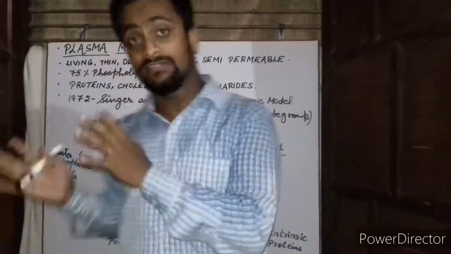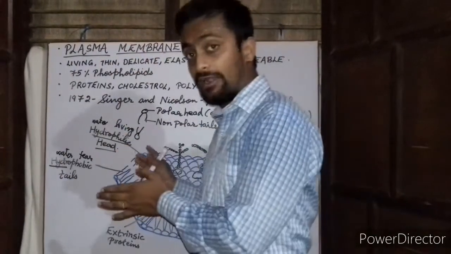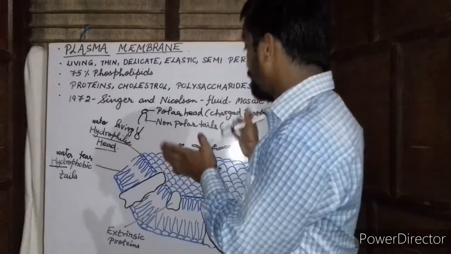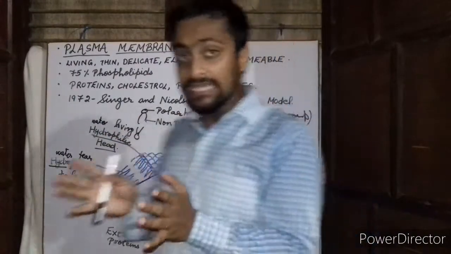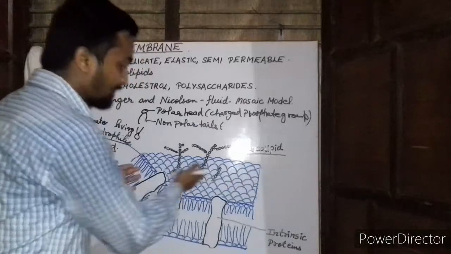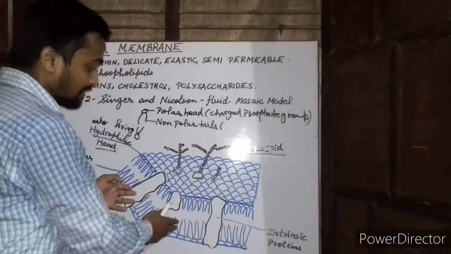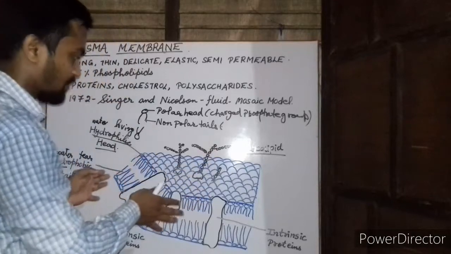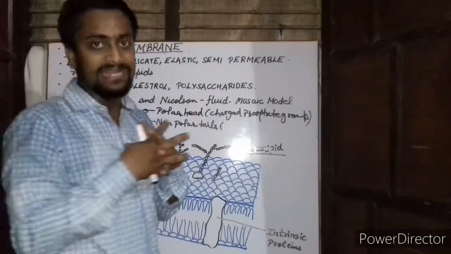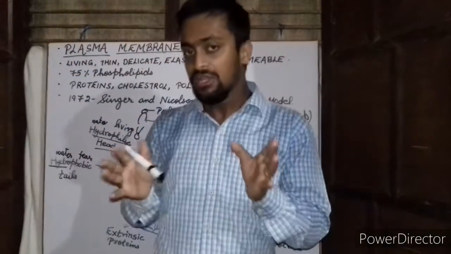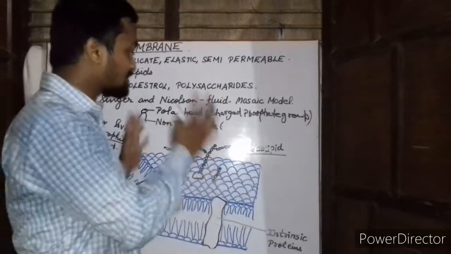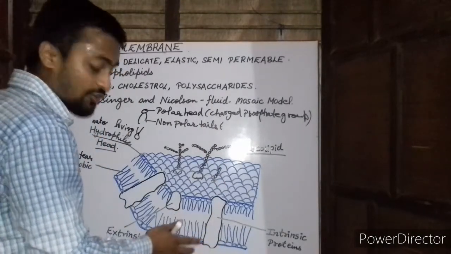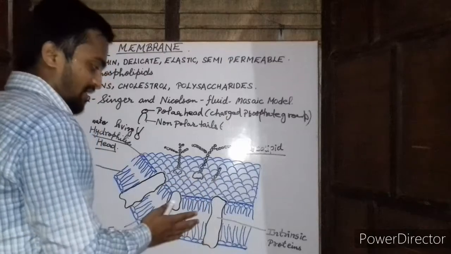So this structure is basically called the fluid mosaic model. Besides, some glycolipids are also embedded, which come out from the surface of the protein molecules, and they serve as the binding site or the antigen site. So this is about the structure of the plasma membrane.